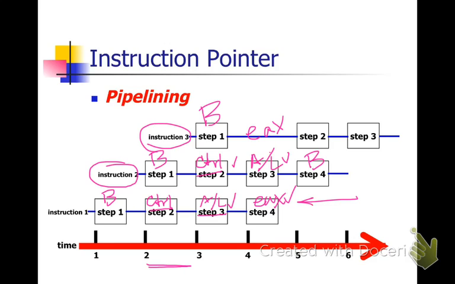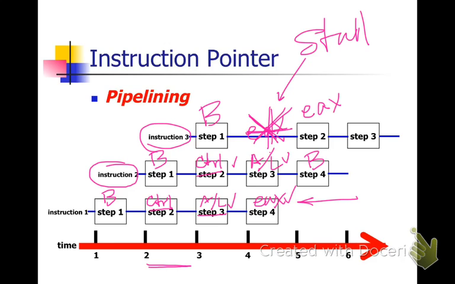EAX is already being used by instruction 1. So I have what we call a stall in the pipeline, where instruction 3 just has to wait until the next time slice when the component it's looking for becomes available.